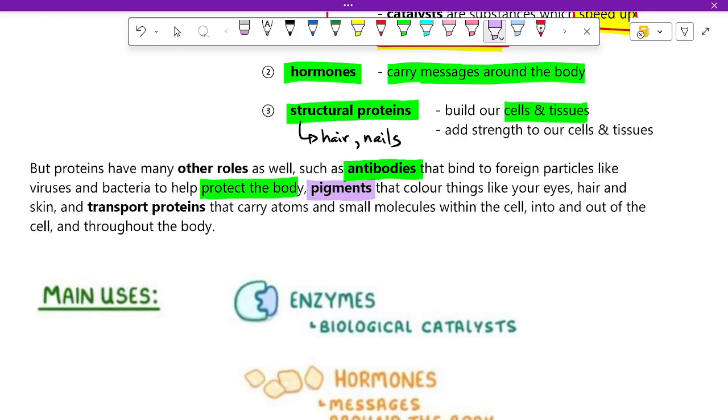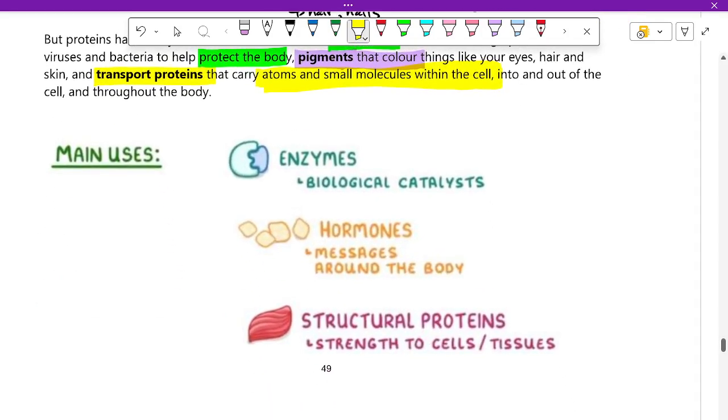Anyone know the word pigment? A pigment is a color. Your eye color is protein. And the last one we're going to look at is transport proteins, and those carry atoms and small molecules within the cell. So those are summarized here.